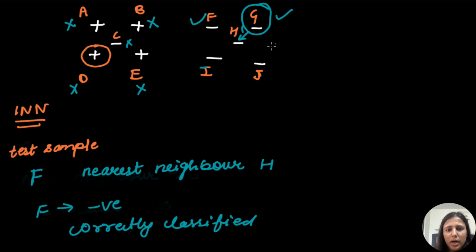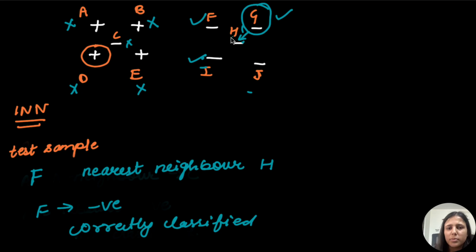Let's talk about I. The nearest neighbor to the I data point is H, which is negatively labeled. So I will also be labeled negative, which is also the true label of I. So it will be classified correctly. Now for the J data point, with the same argument, H is the nearest neighbor in the training set when J is not part of the training set, and it will be labeled according to H, which is negative.